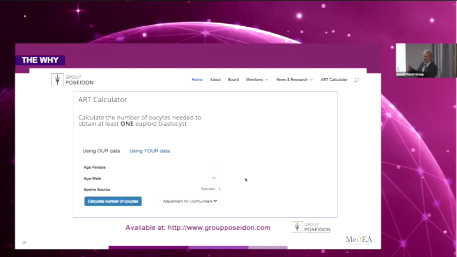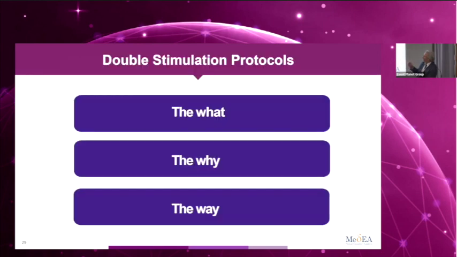So for having an adequate probability to have at least 1 euploid embryo, we need 15, 12, 20, it depends on a case-by-case basis. You can calculate with the patient. And if the ovarian reserve is not consistent with this, you can propose to accumulate.